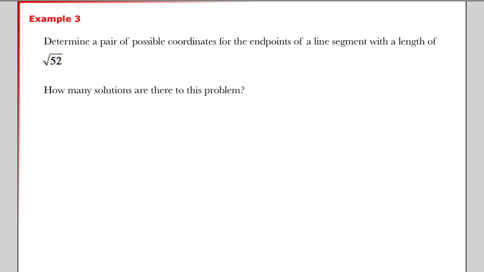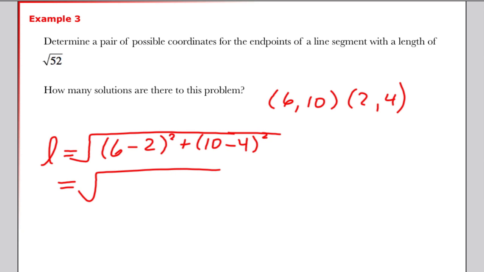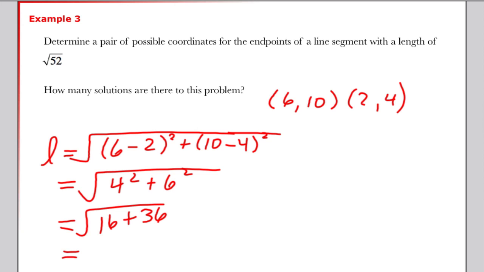So for example, if I came up with an ordered pair like 6, 10 and 2, 4, and we substitute that into our formula, I get the square root of 16 plus 36, and 16 and 36, I know, add up to 52.